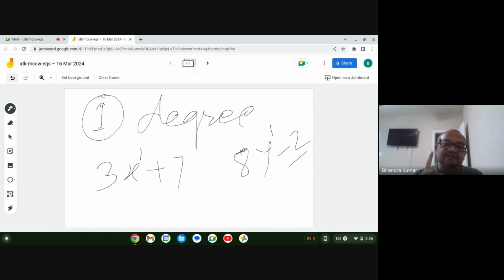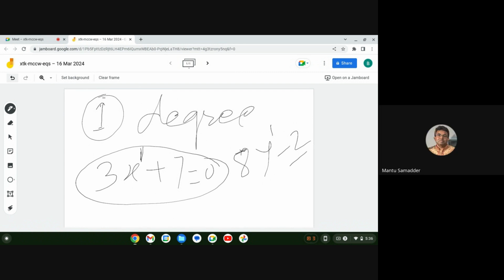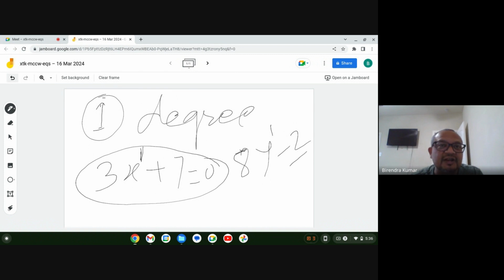If you have a polynomial expression with degree 1, that is called a linear expression, or a linear equation if you put it equal to something. Any polynomial expression with degree 1 is called a linear expression, and that is what translates into a linear equation in future, once we learn plotting a graph of a line equation.